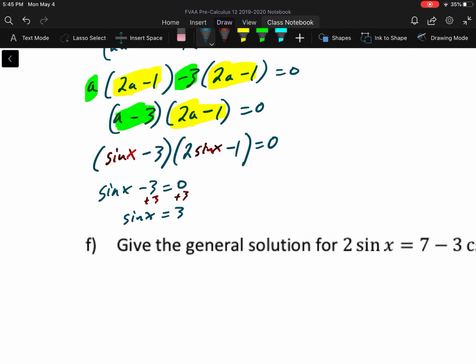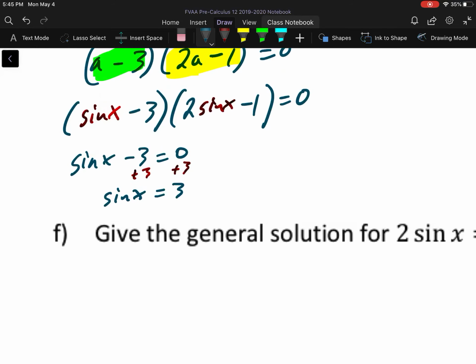There's no place where sine x, the y value, would be equal to 3 on your unit circle, because it's a unit circle. The highest value will only ever be 1, or 1 unit, okay? So in this situation, no possible solutions for x on that one, all right?